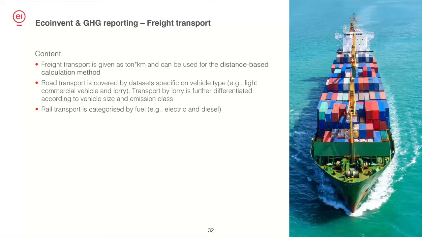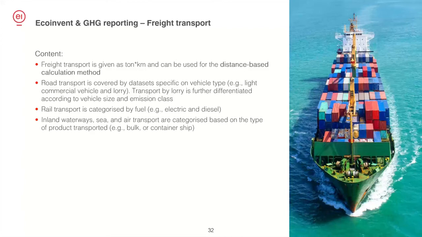Transport by rail is categorized by the fuel used, and then inland waterways, sea and air transport are categorized based on the type of product that is transported. So, for example, for ships, there are data sets on bulk or container ships.